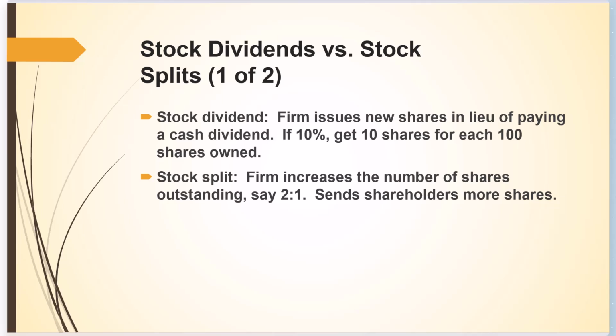A stock split is when a firm increases the number of shares outstanding, say 2 for 1, and sends shareholders more shares. Now, both of these increase shares outstanding without changing value. A 2-for-1 split doubles the number of shares, but halves the price per share.